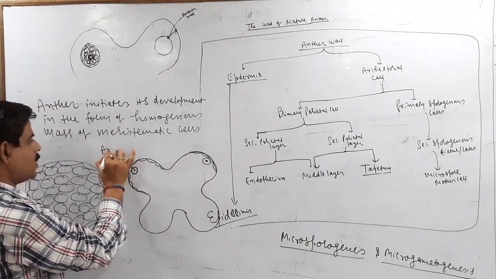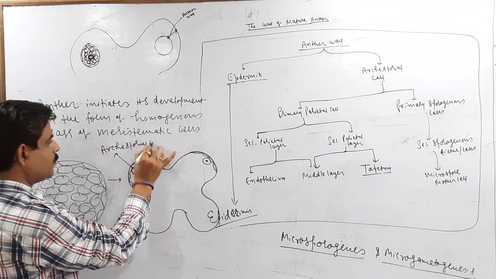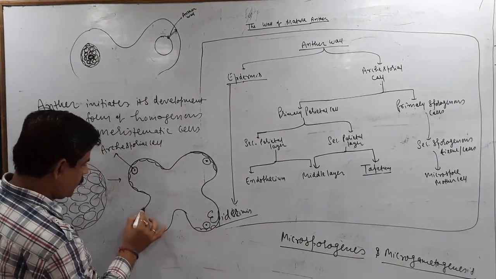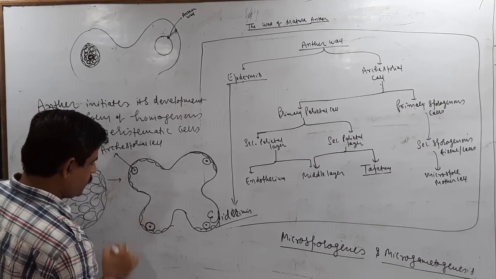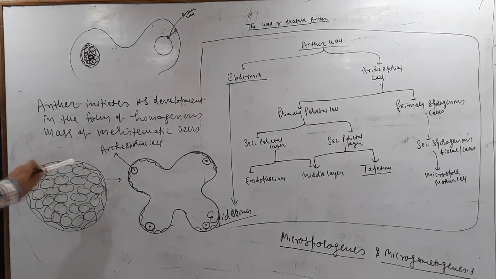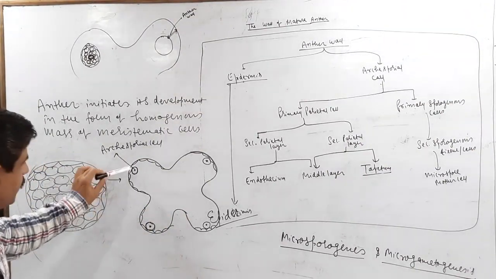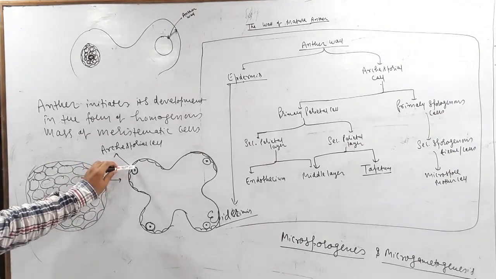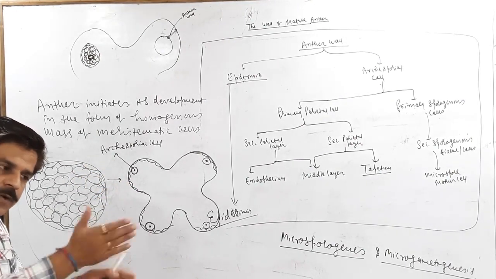This cell is called the archisporial cell. Four longitudinal rows of archisporial cells are present, one in each lobe. This archisporial cell is responsible for the formation of microsporangia and the surrounding wall.